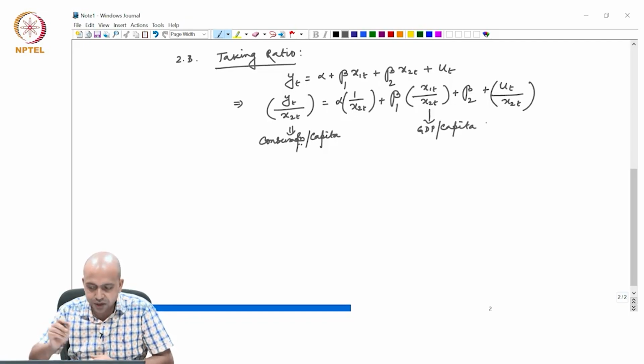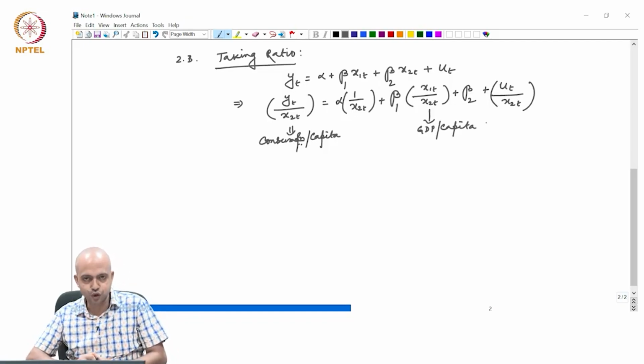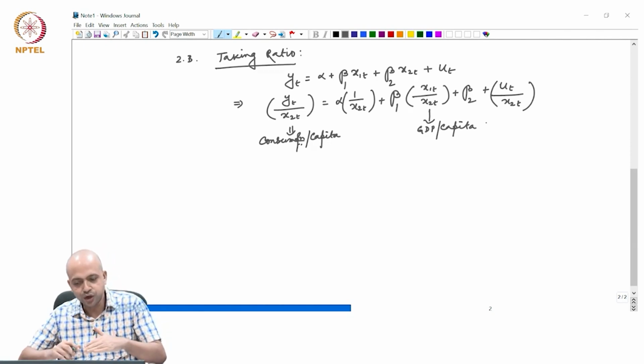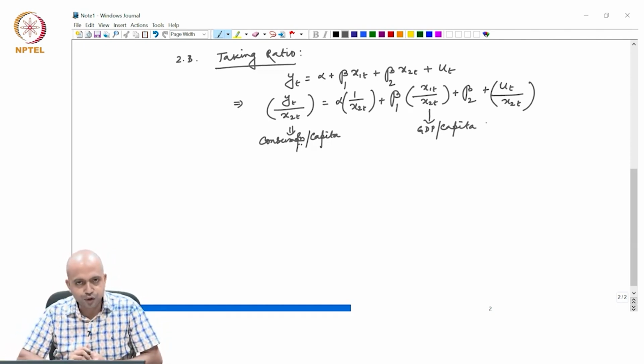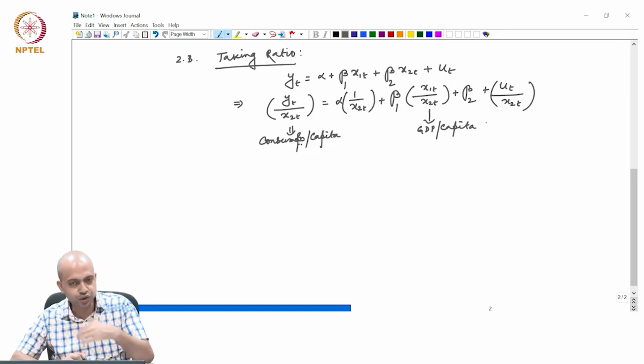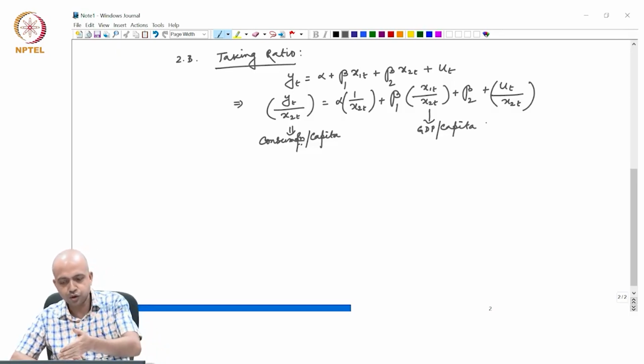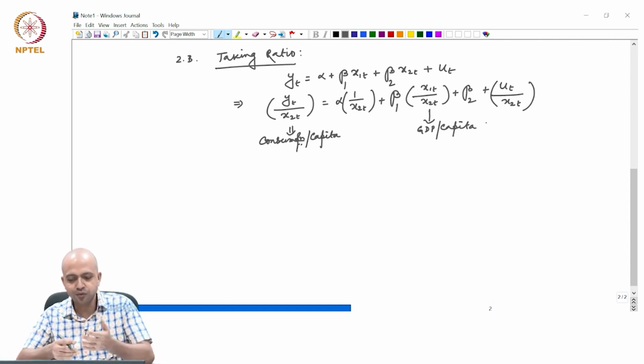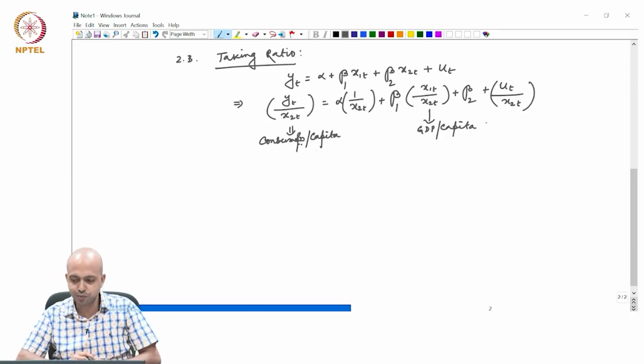So, instead of running the regression in its absolute form, you are basically running the regression in per capita form, which makes sense. So, you can also transform some of your variables into ratio form, and I am not losing any information, because my information on population is also there in the form of consumption per capita and GDP per capita. But what is the cost here?